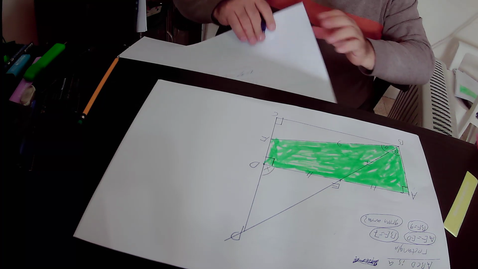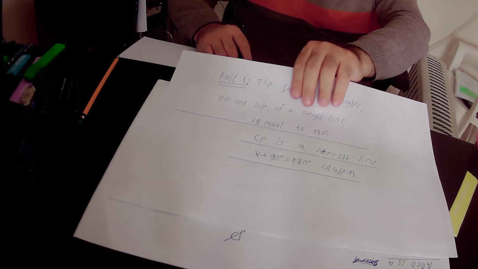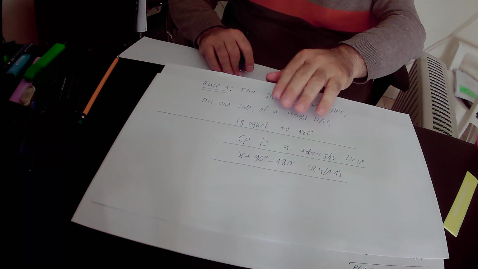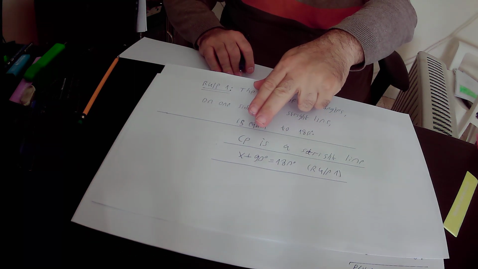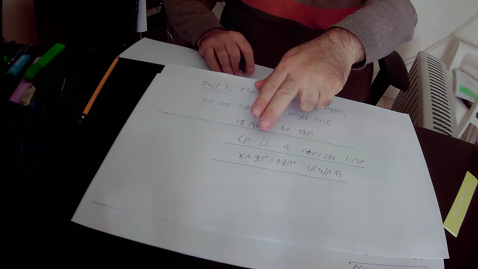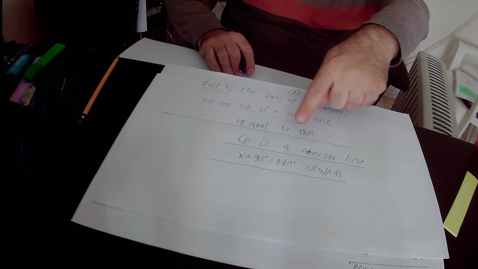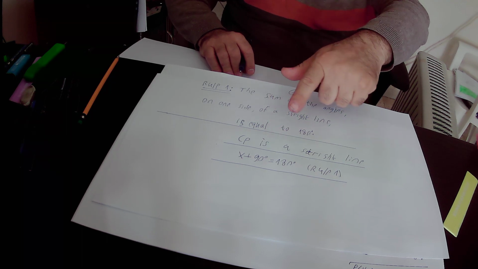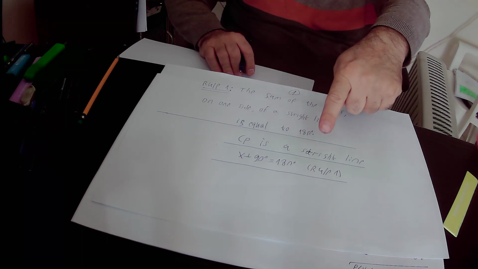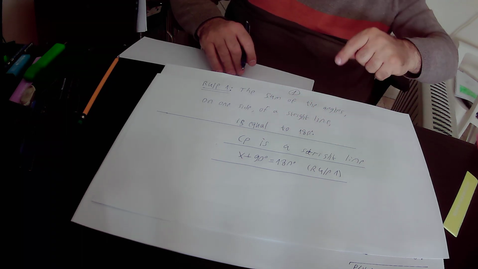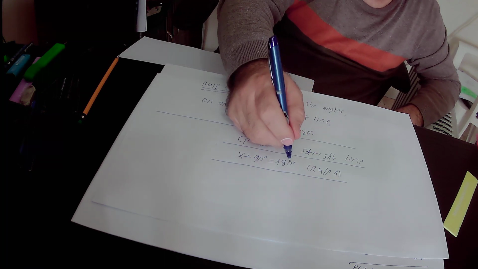I'll repeat again. The sum of the angles on one side of point D on the straight line CP must be equal to 180 degrees, that is to say x plus 90 degrees equals 180 degrees according to rule number 1.